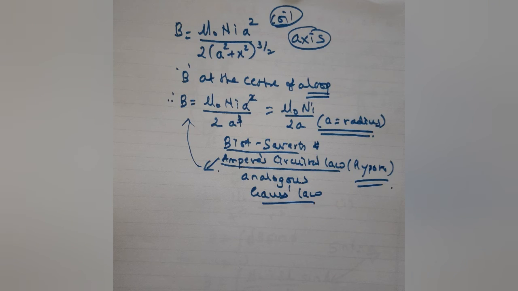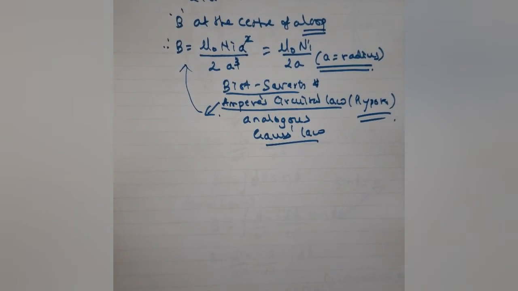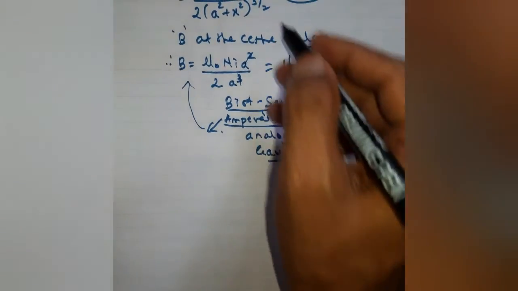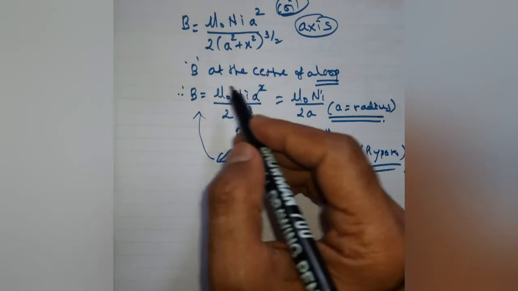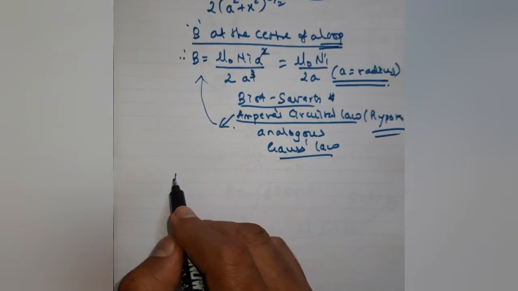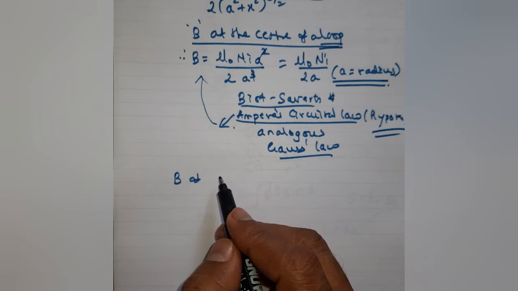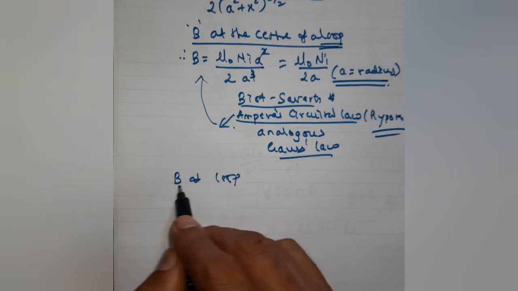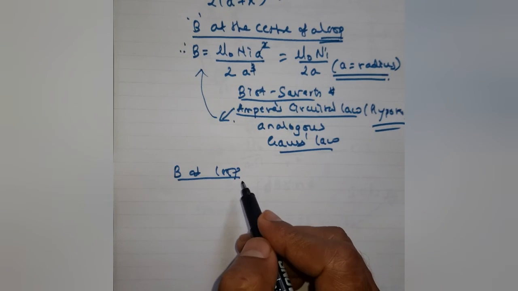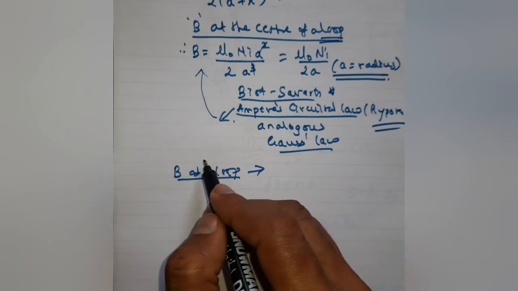Okay, so there is one more small derivation. Just now what we did, either you can derive everything up to here to find B at the center of a loop, or there is another method, B at the center of a current carrying loop. There is a different thing when we say loop, that is at the center.